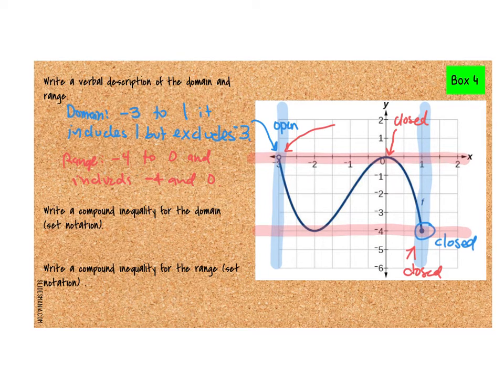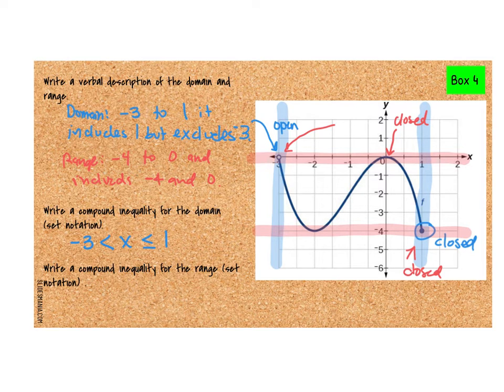All right. So my compound inequality, let's do my domain first. Again, it goes from -3, x in between, all the way to +1. Because it doesn't include -3, that's going to be just less than. And for x, because it includes it, it's going to be less than or equal to.